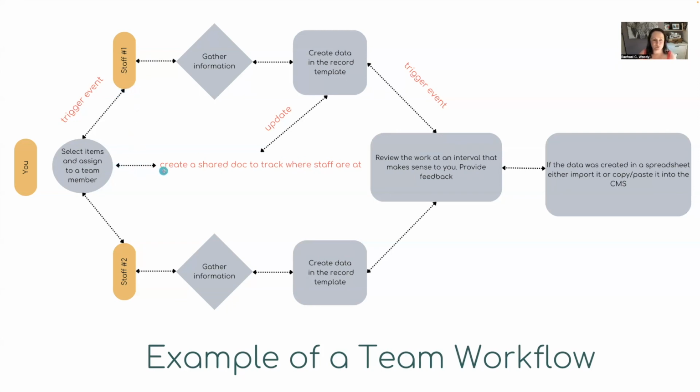Additionally, as we stay in the you swim lane, I recommend creating a shared document to track where staff are at. So if you are not using project management software to track the entirety of this, which is not as typical in museum and archives land, creating just a simple shared document of what items you've assigned to who, and having them enter in where they are at with each of those, can be incredibly helpful to keep tabs on who's done what, especially if something comes up where one of the staff members gets sick or somebody leaves.